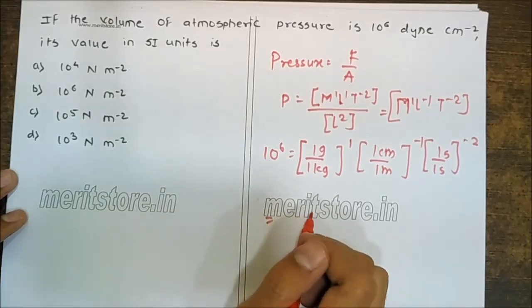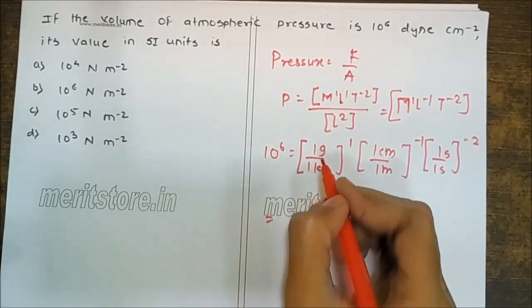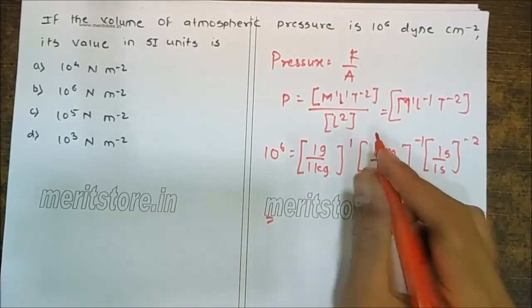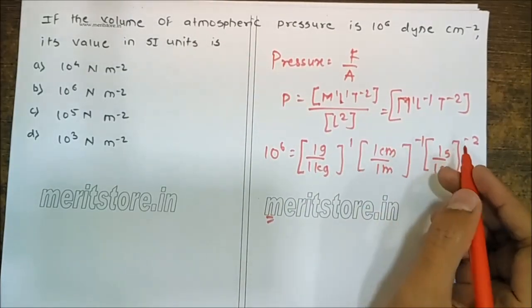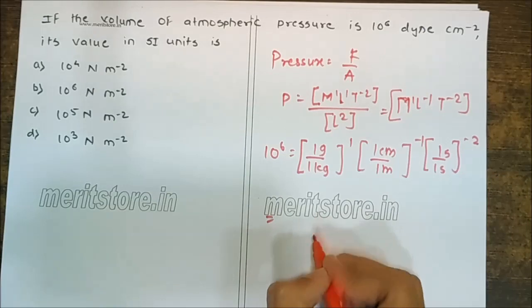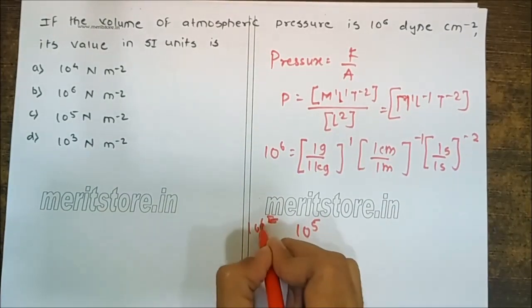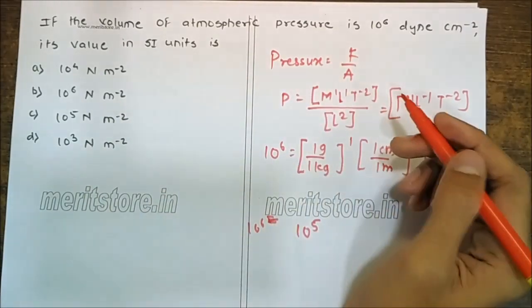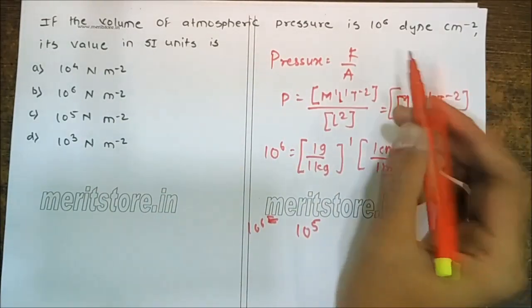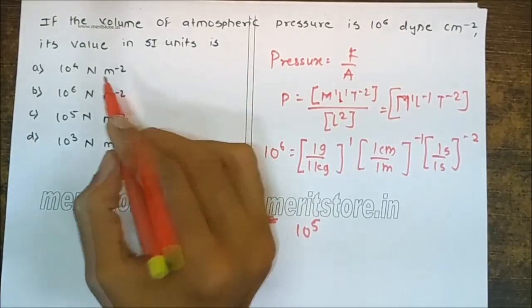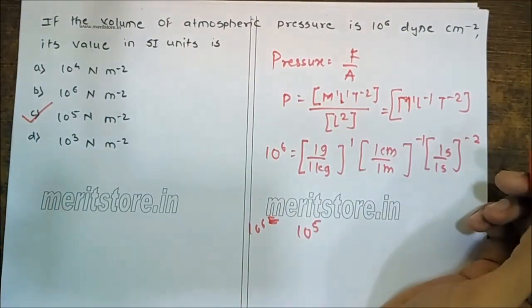Now after conversion, that is 1000 grams upon 100 centimeters, so 1000 into 100 will give you 10 to the power 5. So 10 raised to 5 will be the answer in Newton per meter square. So the value of atmospheric pressure, 10 raised to 6 dynes, in SI unit is 10 raised to 5 Newton per meter square.